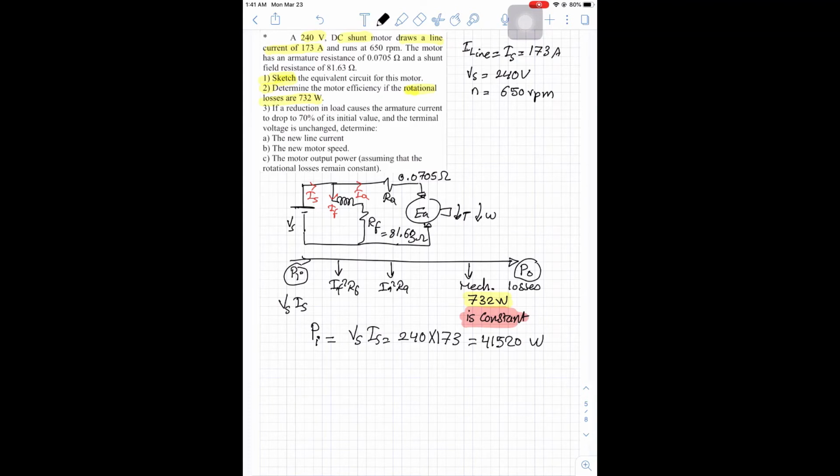Calculating the input power needs no other calculation, because it's simply V source times I source.